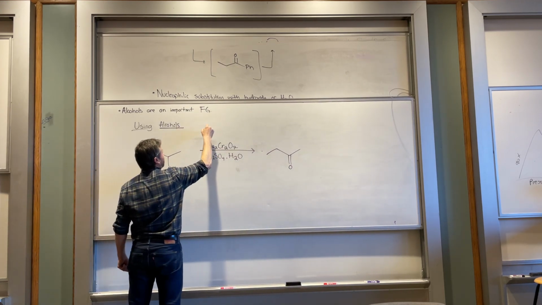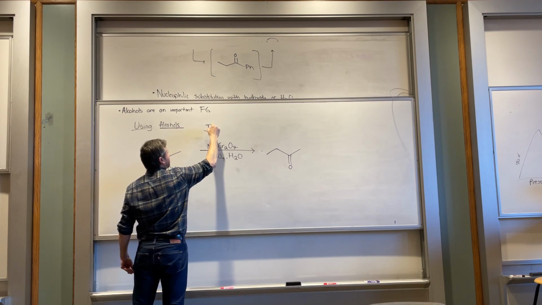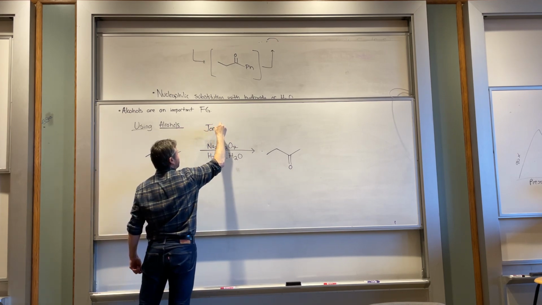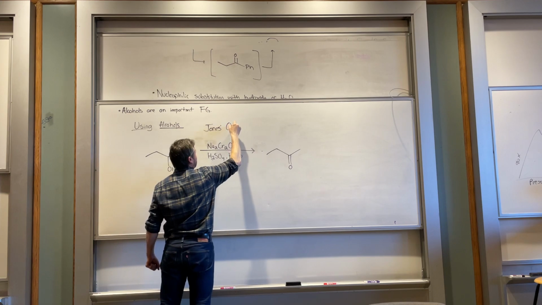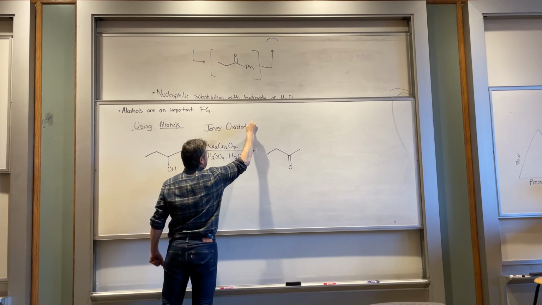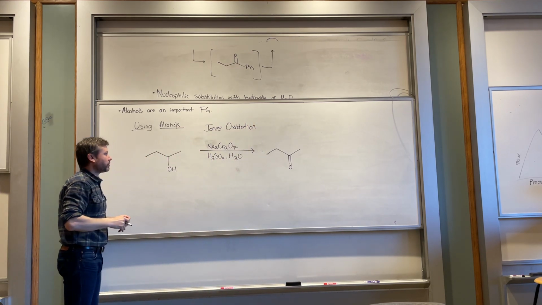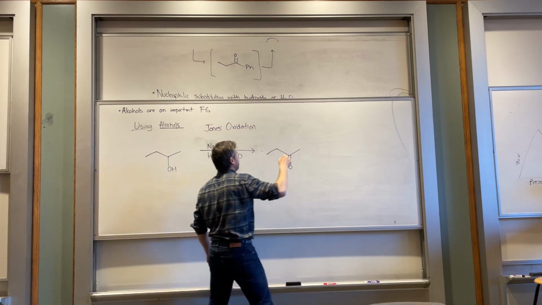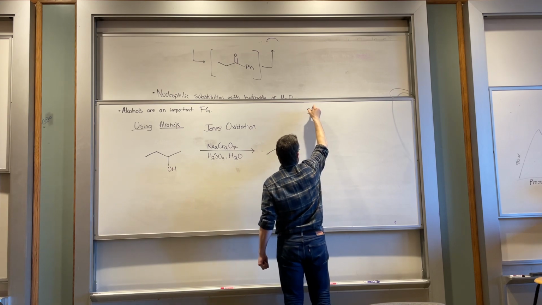Right, so this is going to be an oxidation, or oxidation conditions, that we refer to as the Jones oxidation. Right, you can see the conditions are somewhat harsh. Na2Cr2O7, this is sodium dichromate.